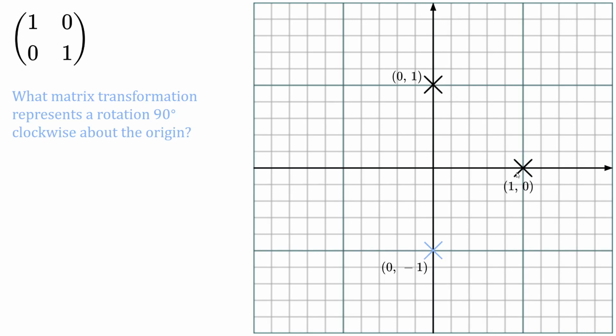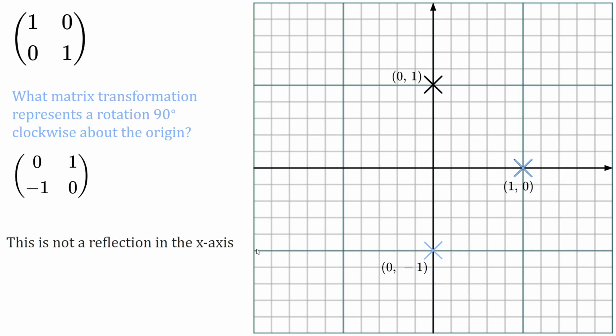From 0, 1 to 1, 0. Like this. And that's this matrix. So remember, this point here in black, 1, 0, has gone to 0, minus 1. Then this point, 0, 1, has gone to 1, 0 here.